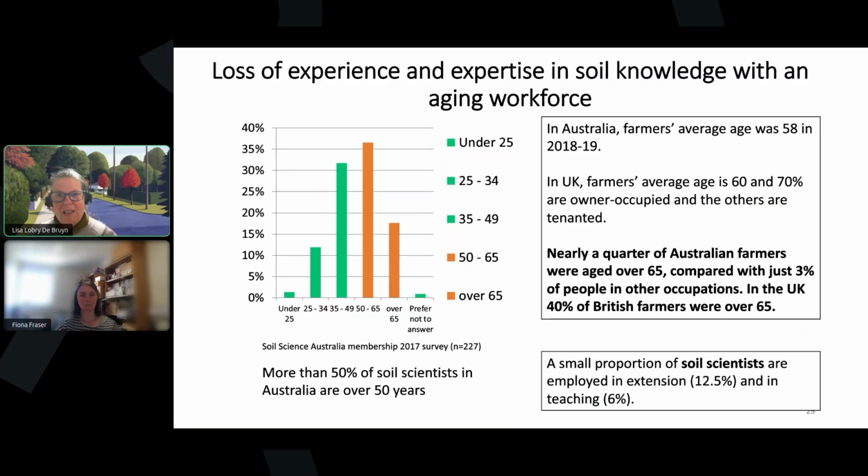This demographic profiling, if you like, of farmers and scientists does give us a window into what their information requirements are, but also what their level of digital literacy is, because it will be less in older farmers. But also we've got to capture the benefit of this, the fact that these people have been farming on average for 37 years, and that is a wealth of experience as well.